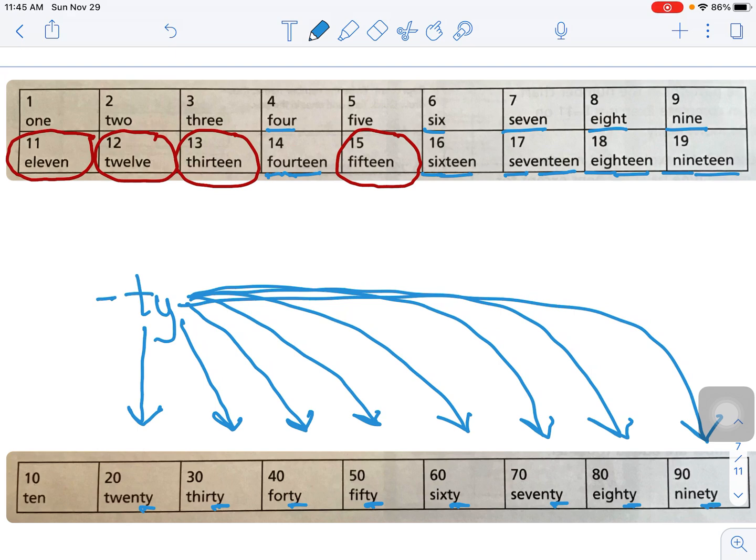All right. Okay, so we have some strange numbers that stick out to us, and the words look a little different. And this is just something that you're going to have to practice and learn to watch. Another one that's kind of interesting that always gets even some big people mixed up is if you notice up here for the number 4, it's F-O-U-R. For the number 14, it's F-O-U-R-teen.